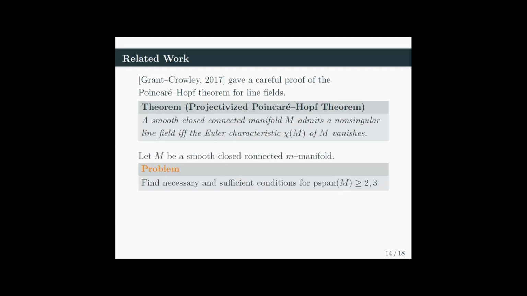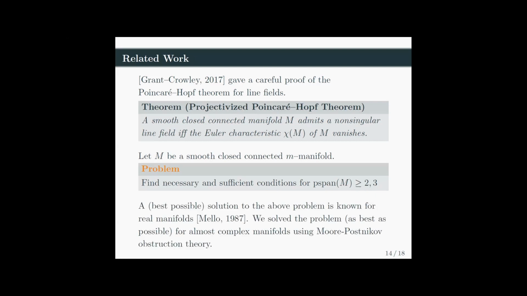The next step was to find necessary and sufficient conditions for projective span to be at least 2 or 3. I spent the first half of my PhD trying to prove this in the real case for real manifolds, and I found out that this is already known.